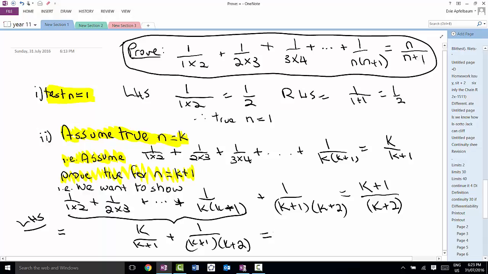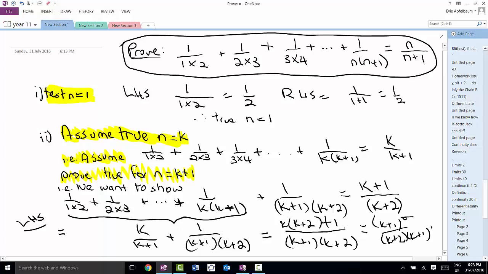Common denominator, k plus 1 times k plus 2. That's going to be k plus 2 plus 1, which is k plus 1 squared over k plus 2 times k plus 1, I can just fit this in, is equal to the right-hand side.